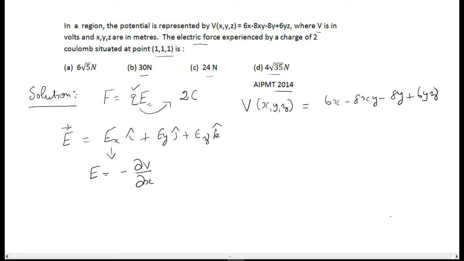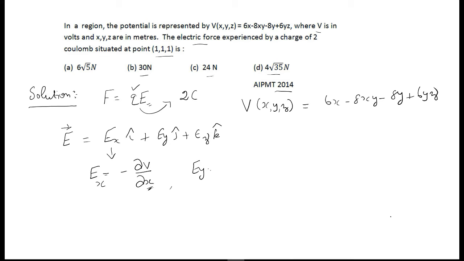This is read as, it's similar to differentiation, but here only x should be taken as a variable. y and z are constant so far as this operation is concerned. This is the x component of the electric field.